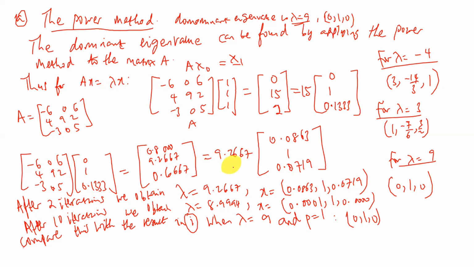So we get the approximations of this eigenvalue. Now we know very well that the dominant one is 9, and then the approximate ones after 10 iterations, we get these. So we're just showing that after more iterations, we get closer and closer, and we get a more accurate value of lambda than when we started. So we've used the power method here to solve this problem.